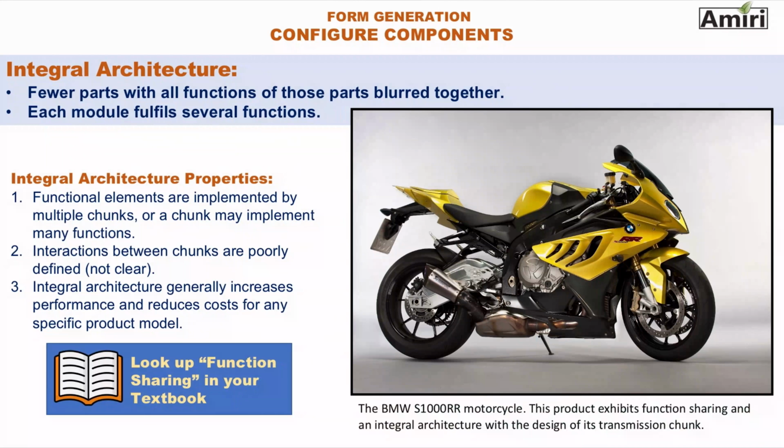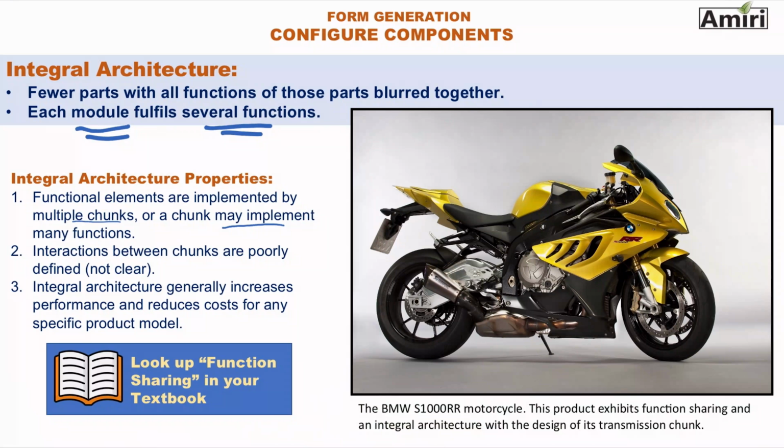On the other hand, we have integral architecture. So you will have fewer parts, but as a result, those parts fulfill multiple functions. They don't each individually fulfill a function. All the functions are blurred together, and each module in this case will fulfill several functions. Some of the features of integral architecture: functional elements are implemented by multiple chunks, or chunks may implement many or multiple functions.